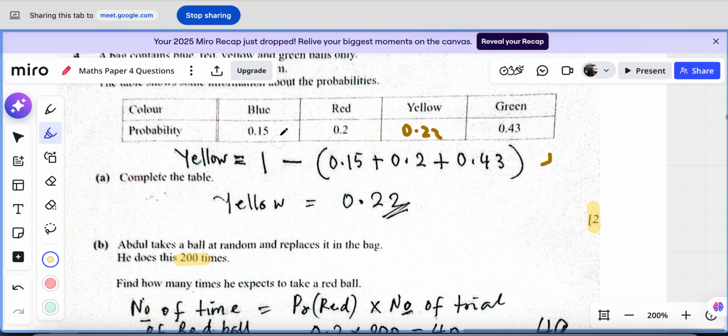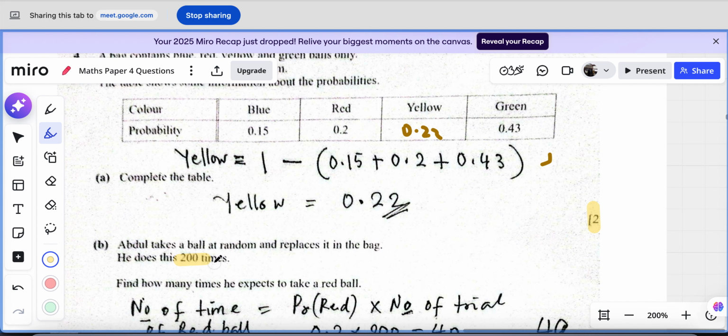If they say yellow, you say 0.22 times 200. If they ask you to find how many times he expects to pick a green ball, you take the probability of green, which is 0.43, multiplied by the number of times he does that, which is 200. So you say 0.43 times 200.